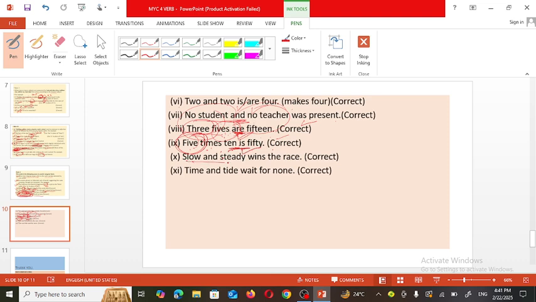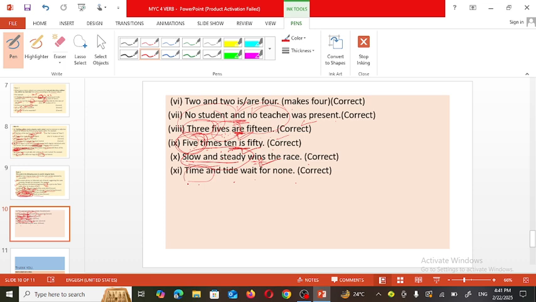Slow and steady, this is a proverb. Slow and steady wins the race. Slow and steady indicates the same thing, and that's why it is considered singular. So wins the race. The sentence is in the simple present tense. Time and tide wait for none.